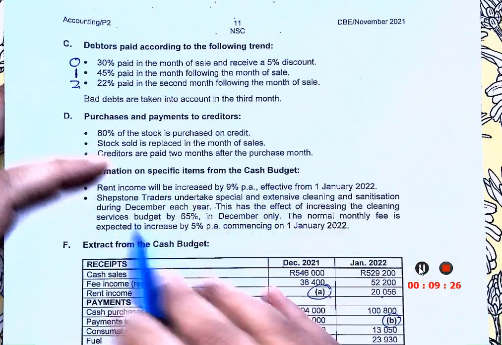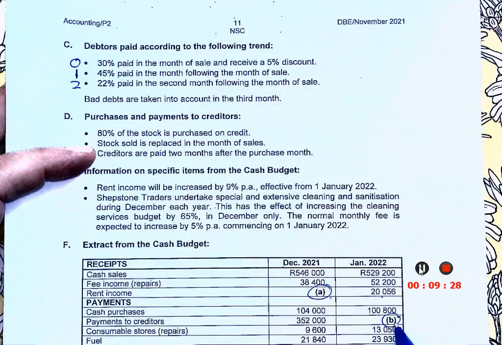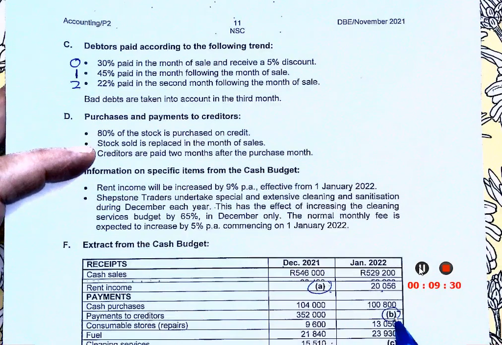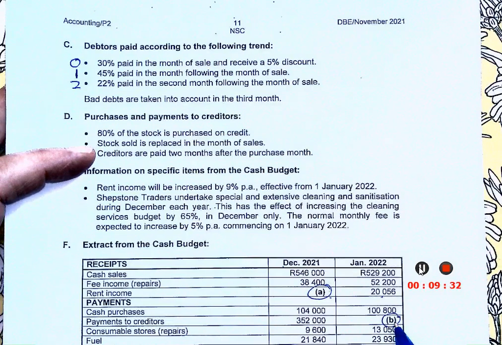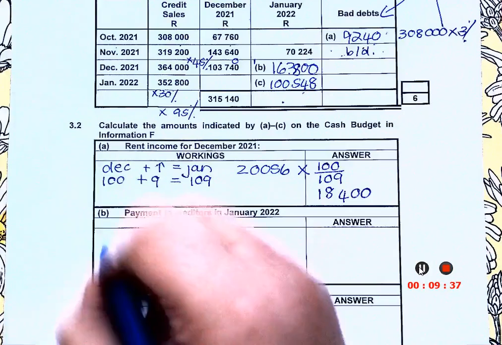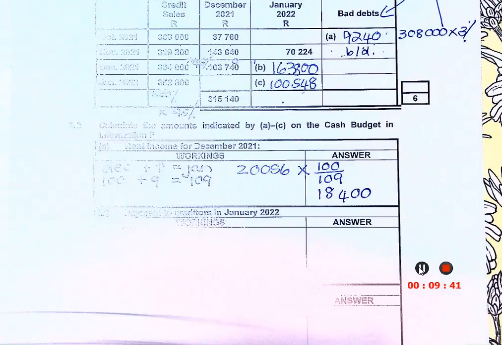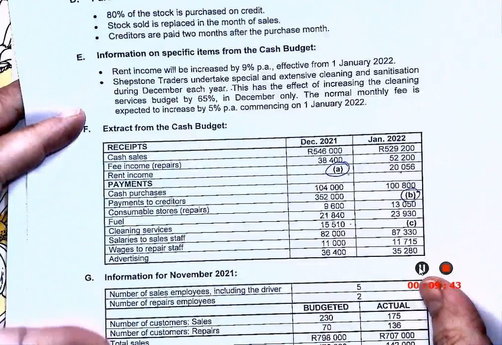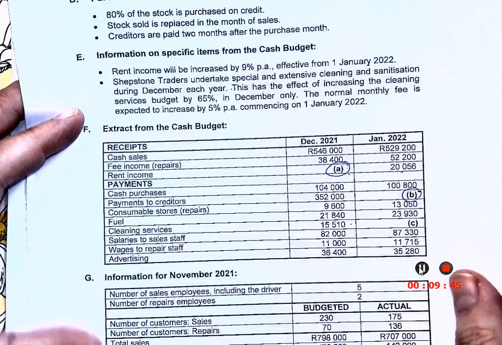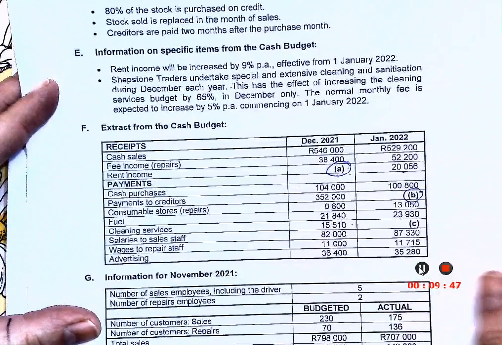I want January, so 2 months back is November. So I want to take November's purchases. Did they give me any purchases? I don't see any purchases. So what can I use?